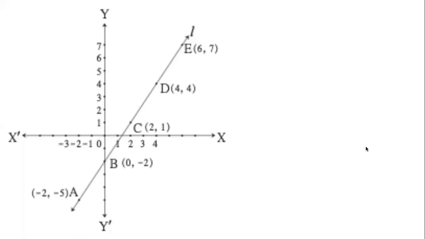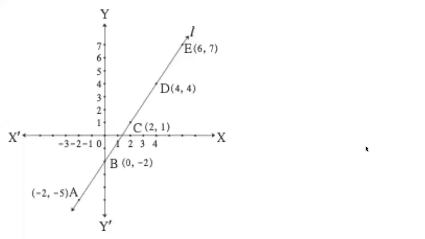The name of the line is L. Thank you. In the chat and on the mic also. Correct. Name of the line is L. And there are 5 points shown on that line. What are the names of those 5 points? They are A, B, C, D, and E. And this line is imagined on the XY plane.